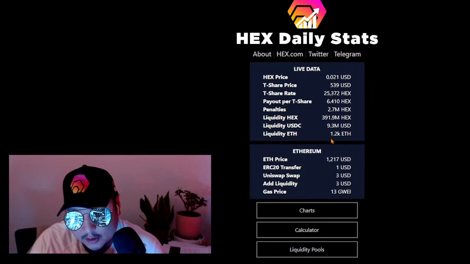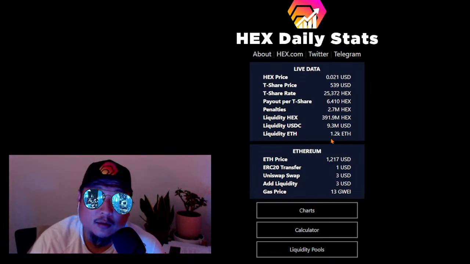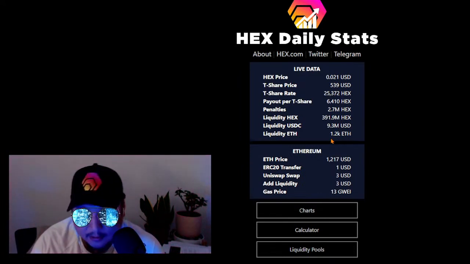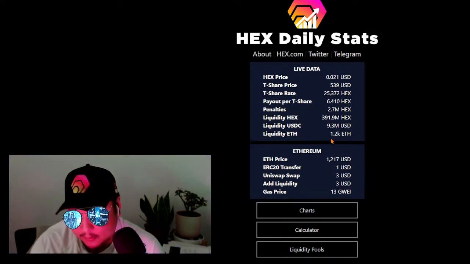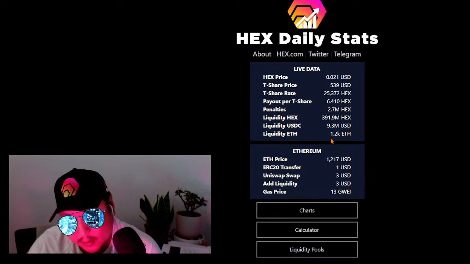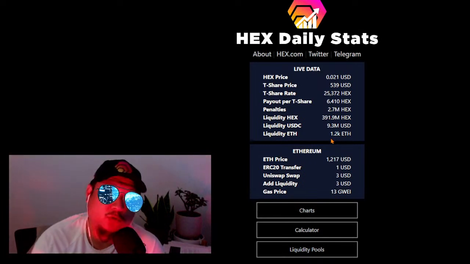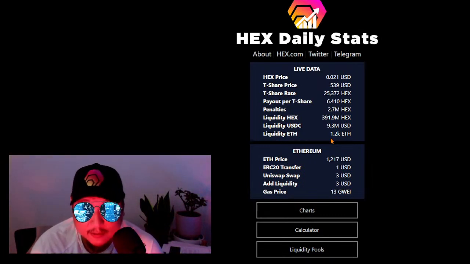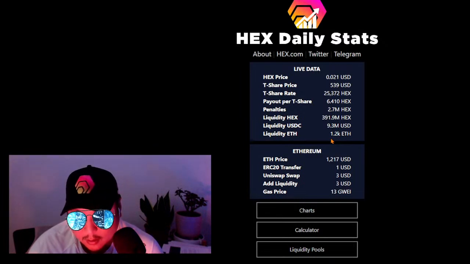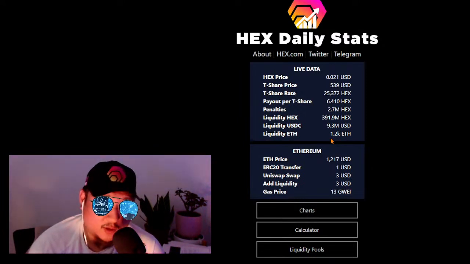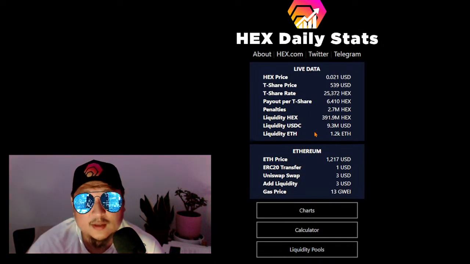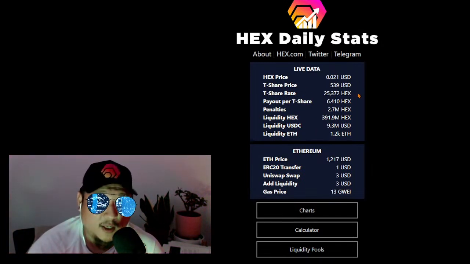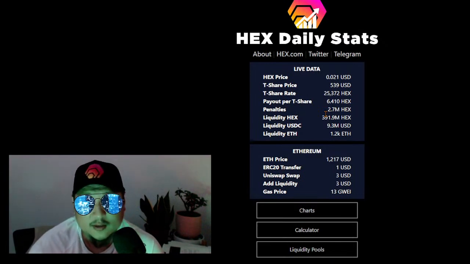When it comes to T-shares, on the day when stakes are ended and the code is being run, the calculations are being done. Now, it's my understanding that it can only be equal to or greater than the amount of T-shares, aka price goes up and to the right. Now, why does the T-share price continuously go up in terms of HEX, not in terms of price, because price is a different function?